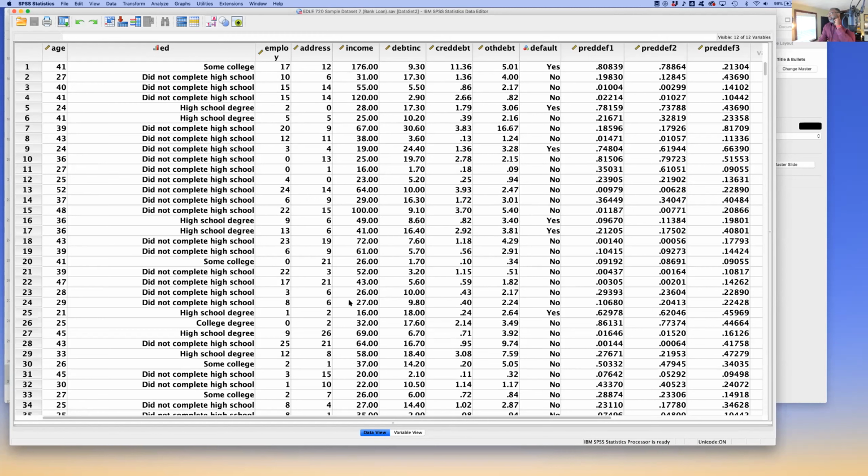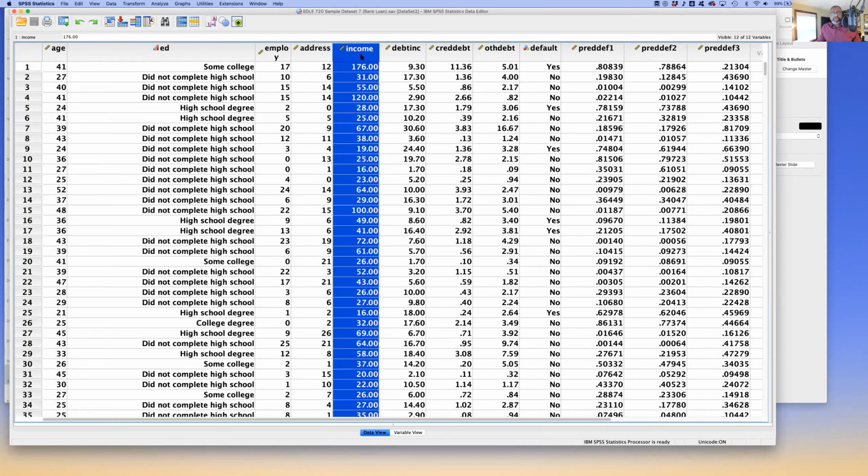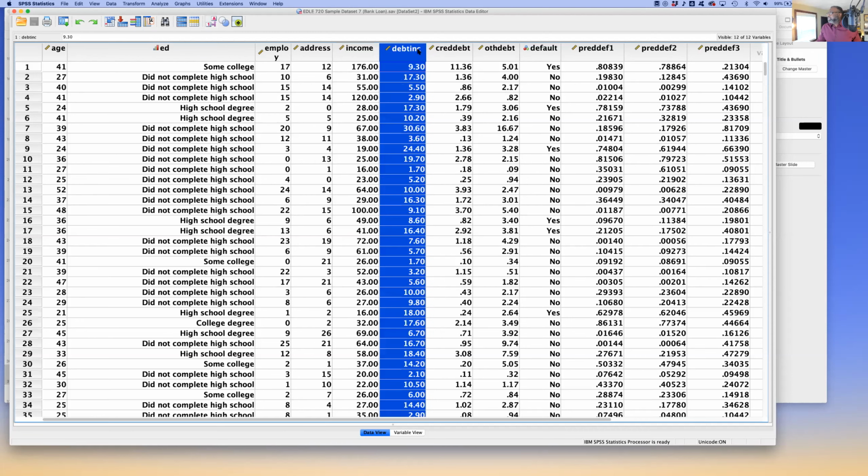So let's write down credit worthiness on a piece of paper. I'm going to choose 3 variables here. I'm going to choose how long you've been employed. That tells me that you're pretty credit worthy. I'm going to choose income. That also tells me that you're pretty credit worthy. And then let's just say debt to income ratio, whatever.